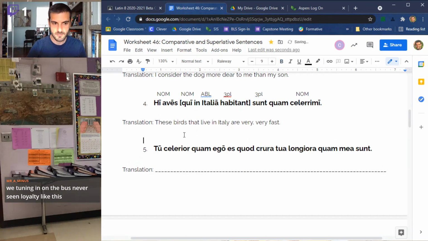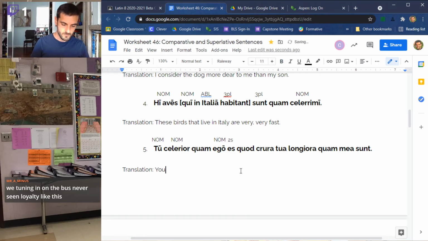And our last sentence here, a little pronoun action for you. Tu celerior quam ego s. We don't often see s. We usually see est, but this is the you form. So you, tu, are faster, celerior, than, and we had a big debate about this in class, faster than, technically speaking.